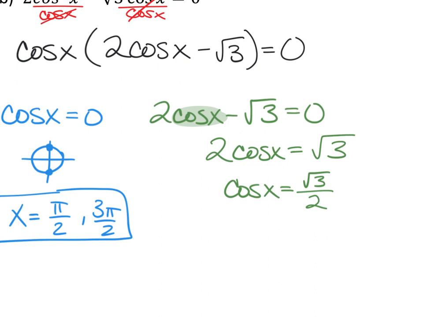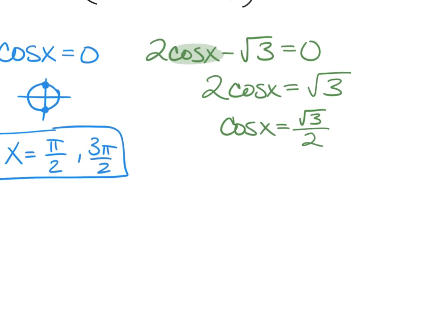Does that look familiar to us? Normally on your formula chart, what angle measurement is equal to square root 3 over 2? Cosine of pi over 6 is typically equal to square root of 3 over 2. So we already know one of the answers is going to be pi over 6 because that's in quadrant 1 and it's all positive.